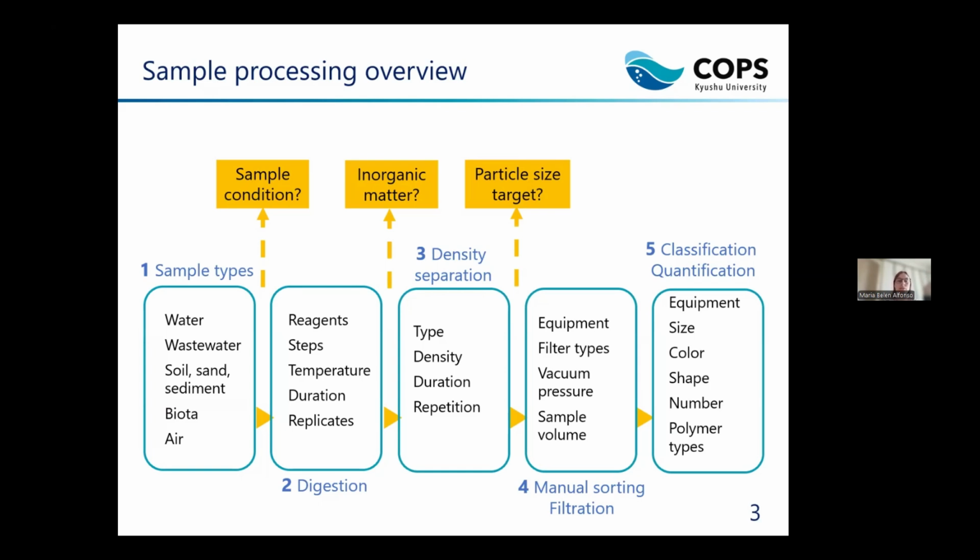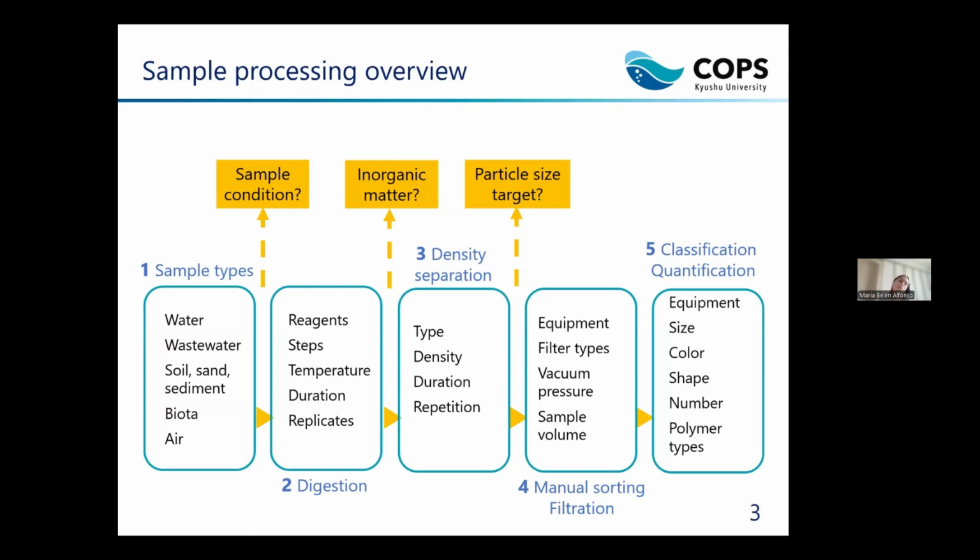After the digestion process, we follow with density separation. Is there any inorganic matter left in your sample? You will consider a density separation. Density separation is a process we can use to make the inorganic particles go to the bottom of the sample, so the microplastics will float because of differences in density.